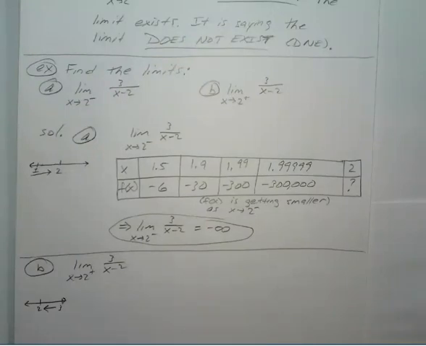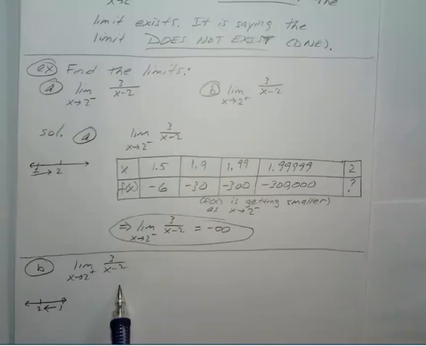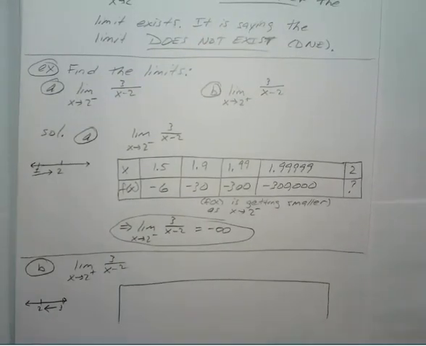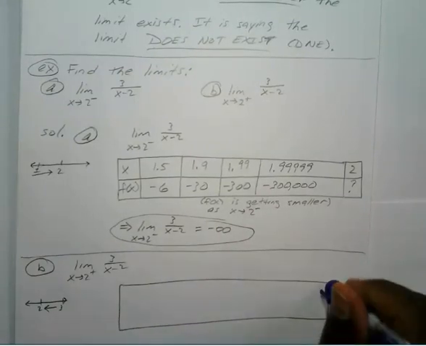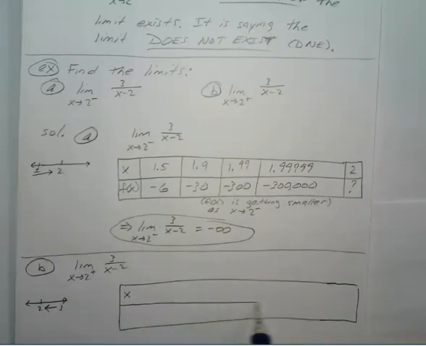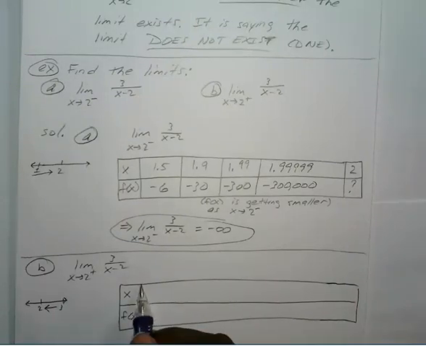We'll go ahead and create our table. We have our x and our f of x.